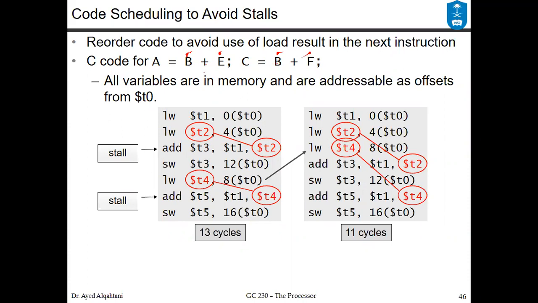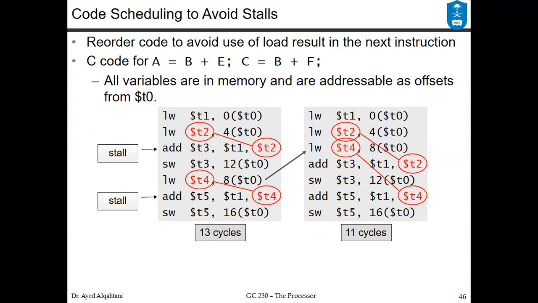So actually you are loading 3 variables, 1, 2, and 3. You load only these variables. If we say that all variables are in memory and are addressable as offsets from T0, so you have T0 here, and this is offset 0, offset 4, offset 12, offset 8, offset 16. So based on the offset, you can get those variables.